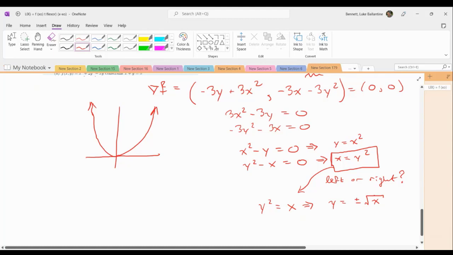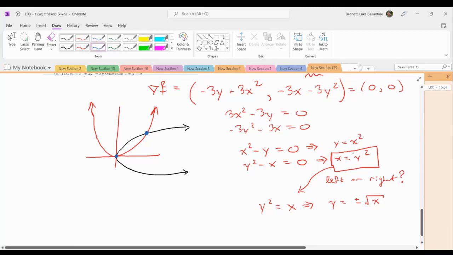Well, I know what the square root of x looks like, and then I know what negative the square root of x looks like. The square root of x looks like this, and then the negative is just flipped. So that's cool. We have two intersection points, the origin and also this one.